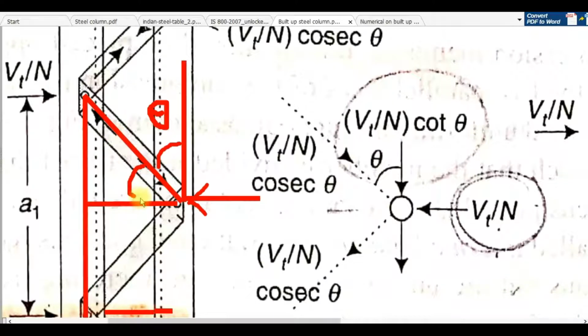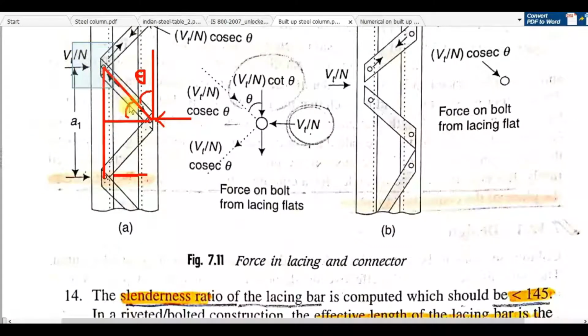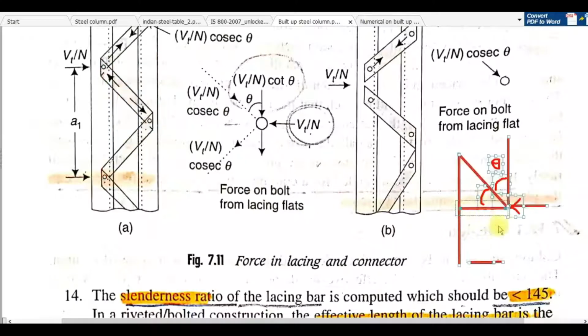So let me take this line diagram here. Here you can see this load is Vt by n, this is Vt by n, same, and we don't know this force. How can you find this force?